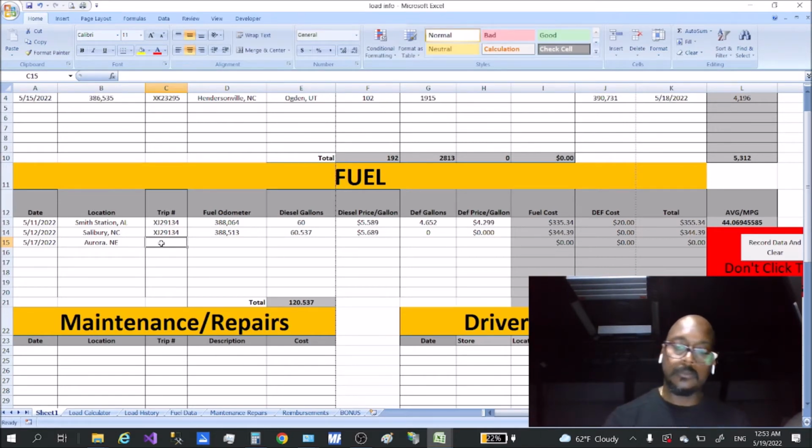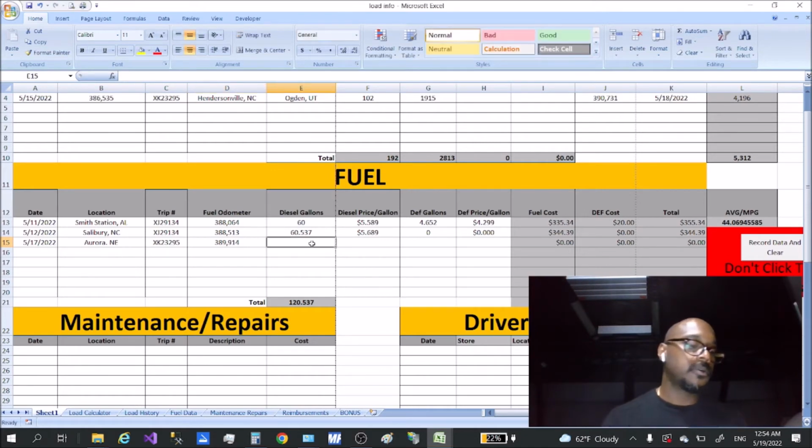Trip number, that's XK23295. Mileage 389,914.